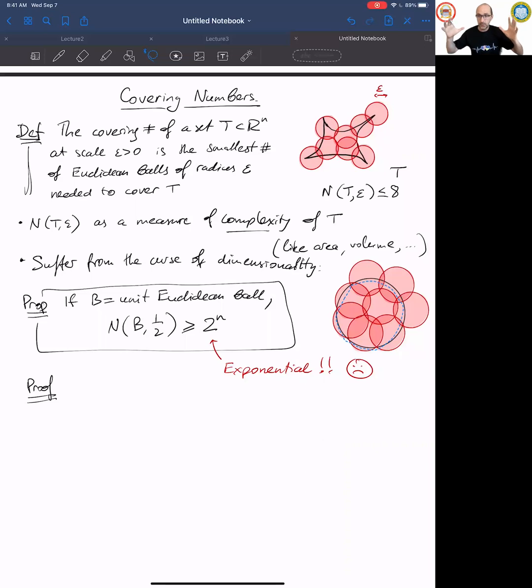If you compare the volume of the radius 1/2 ball and the radius 1 ball, what proportion is it? It's not 1/2, right? It's 1/2 cubed in dimension 3, 1/2 to the fourth in dimension 4. So it's 1/2 to the power of n. Yeah, exactly.